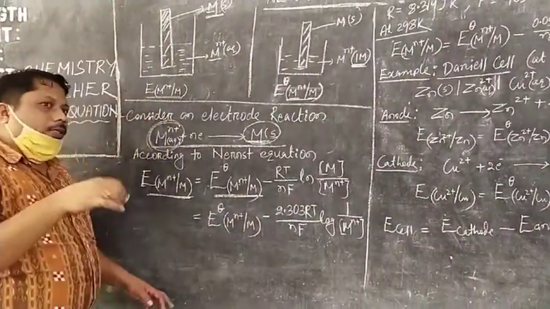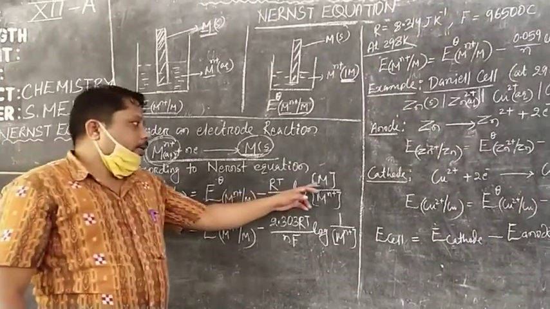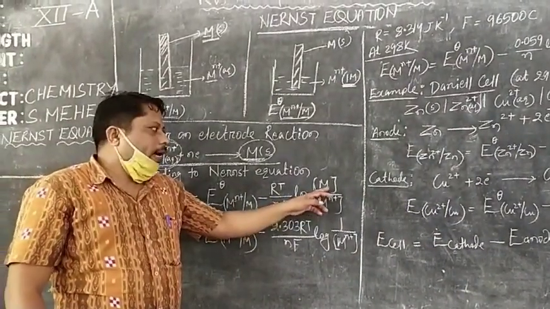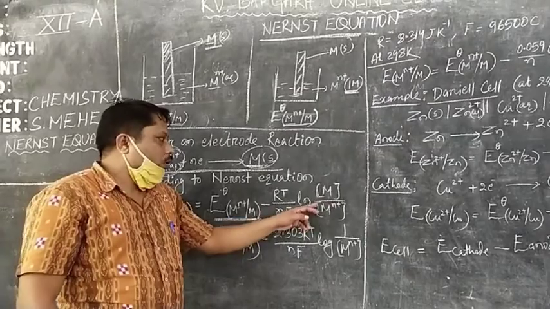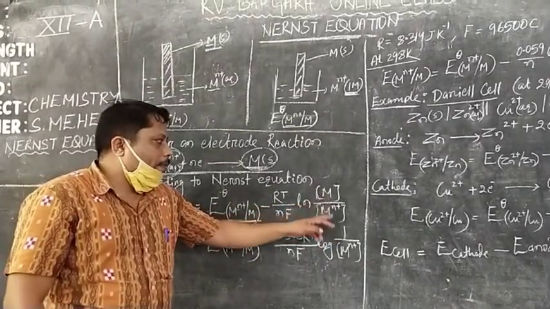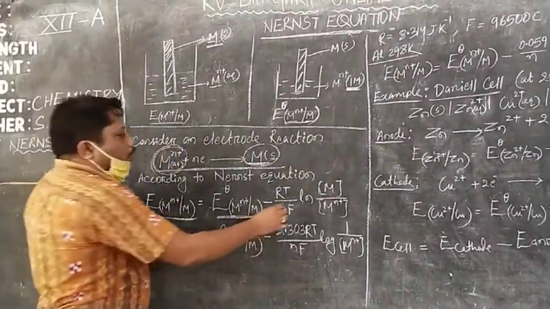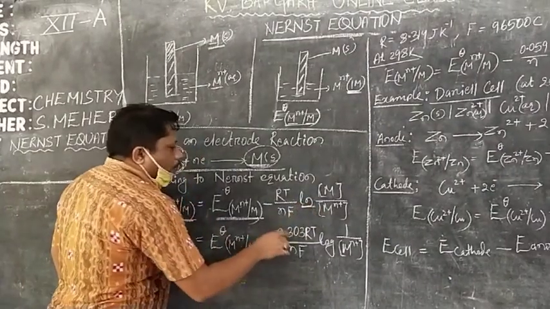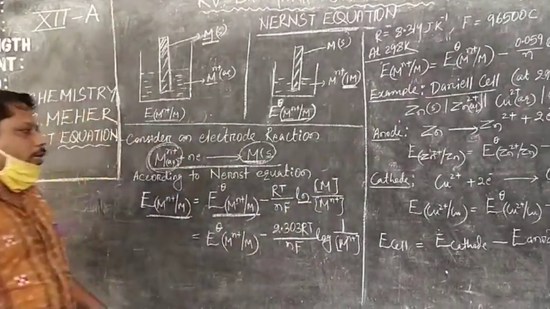And in the previous class, in class 11, we discussed that the concentration of pure solid and pure liquid is 1. So in place of M you can take 1, and when you convert ln to log, you have to multiply by 2.303 RT.